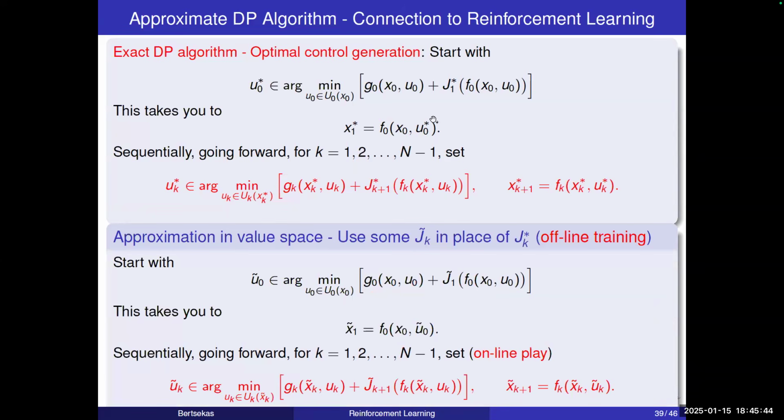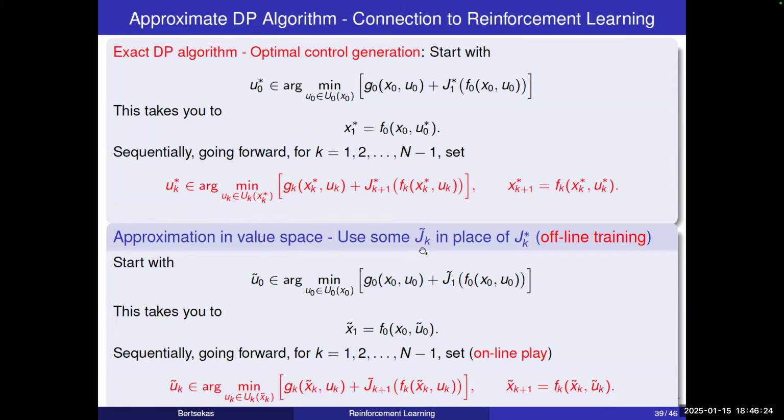What if we cannot compute J1 star, J2 star, or the optimal cost-to-go, either because the problem is too complicated or there are too many states involved? Well, if we can use some method, any method, that computes some JK tilde, which we assume carries some information of JK star, this approximation we denote as JK tilde. This process we call offline training.